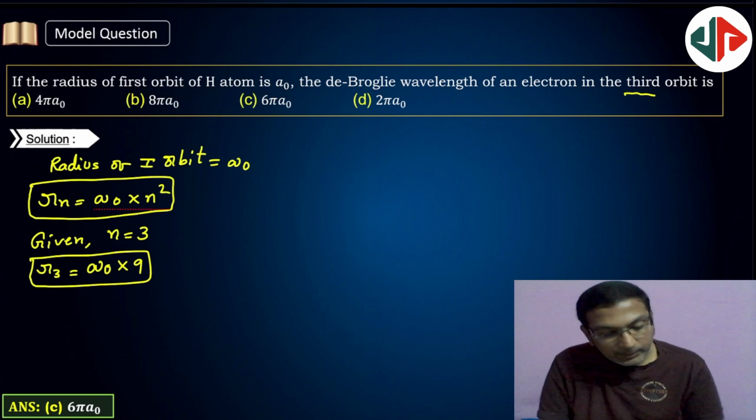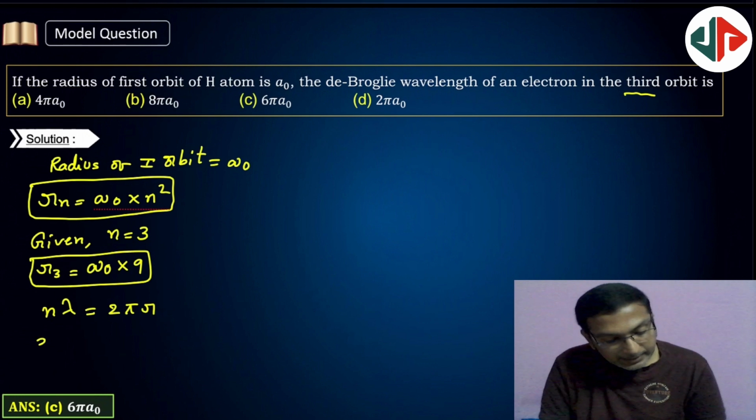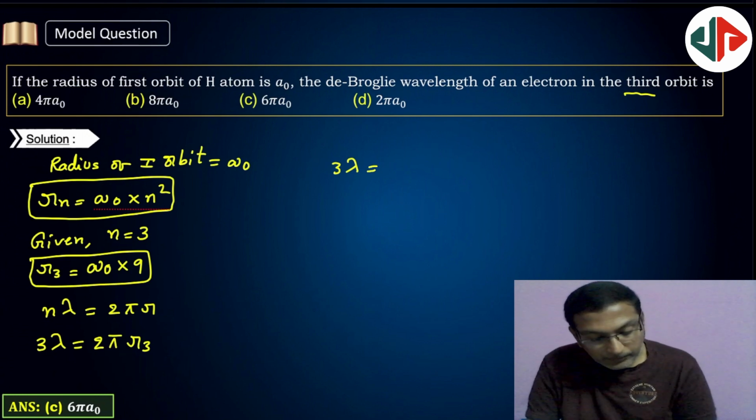Next, from de Broglie's relation we have n lambda equal to 2 pi r, standard condition. Here n is 3. 3 lambda equal to 2 pi into, in place of r, take r3, third orbit radius. Therefore, 3 lambda equal to 2 pi into r3, 9 A naught.